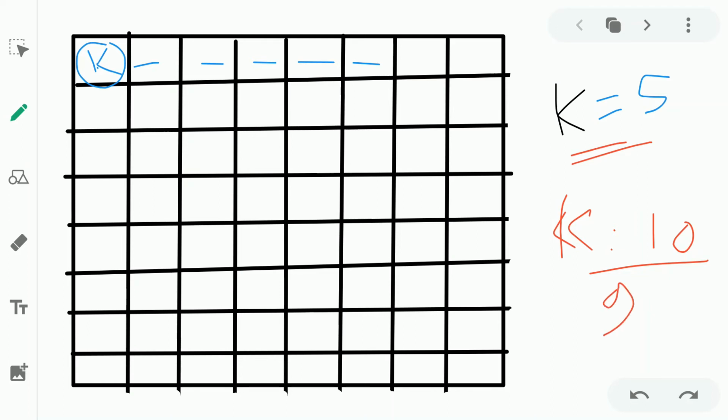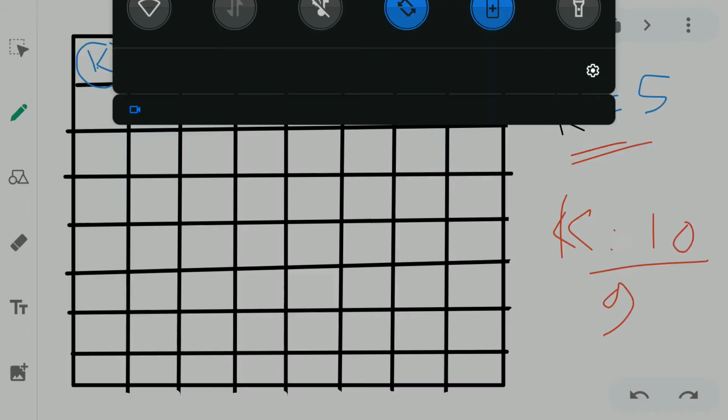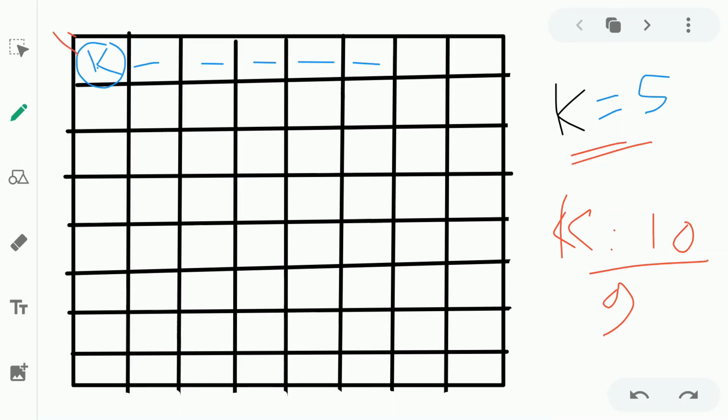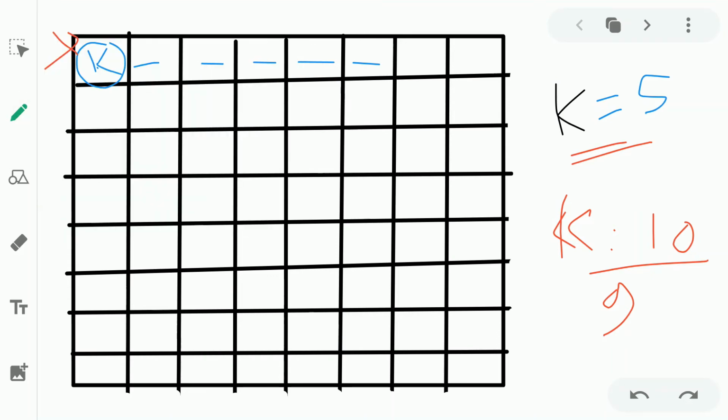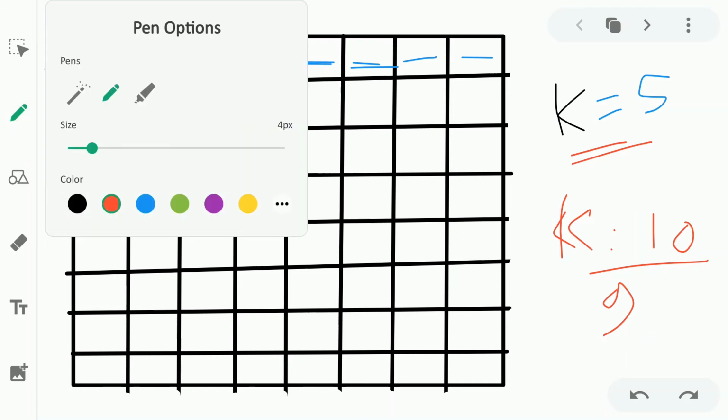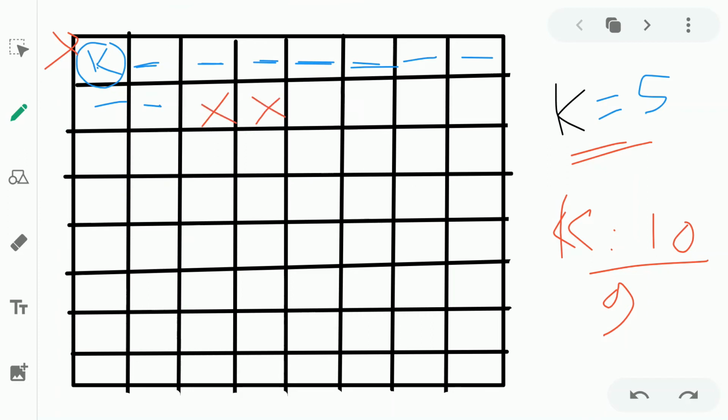We already considered its own location, which is this one, and we have to put 9 other spaces. So we put 1, 2, 3, 4, 5, 6, 7, 8, and 9, and we put the rest of the spaces as blocked or obstacles, like this: cross, cross, cross, cross, and so on.